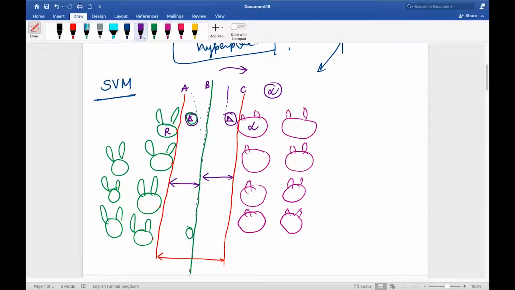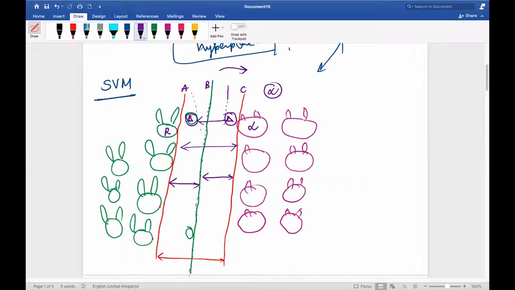I cannot say that the space between these two is this much and my kernel trick will do this much. No, only with the available space, it ensures that our margin is maximum. You understood? And then only it draws the hyperplane or decision boundary. Okay, understood?